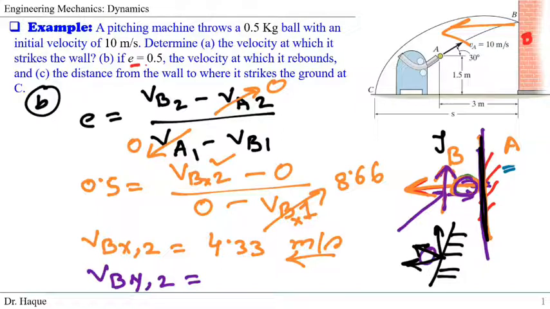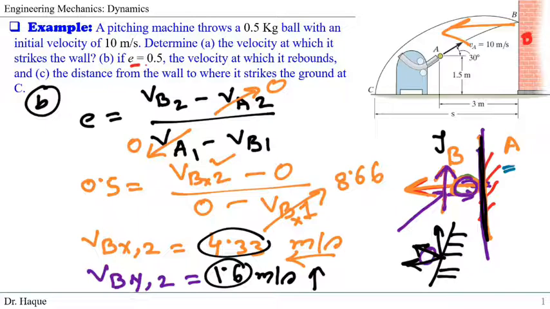VBY2 would be the same as VBY1, right? So it will be the same as it was just before impact, 1.6 meters per second. It's still moving upwards, so it will be in the upward direction. So if you know this one and that one, you can find VB2.